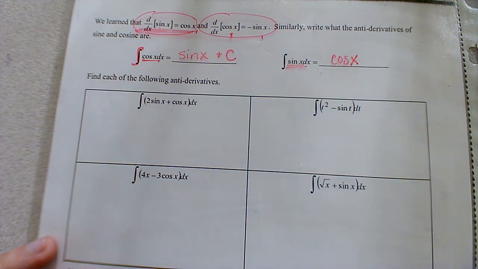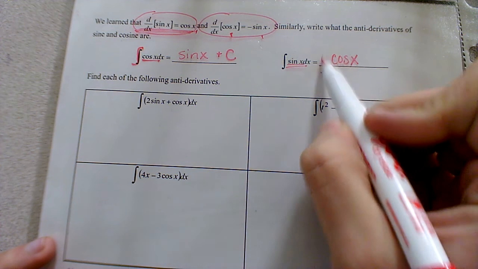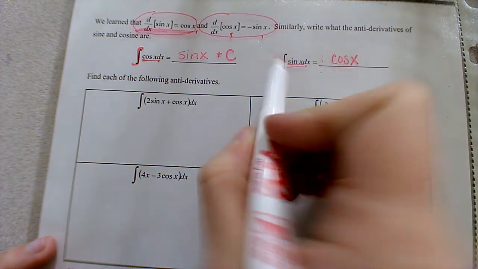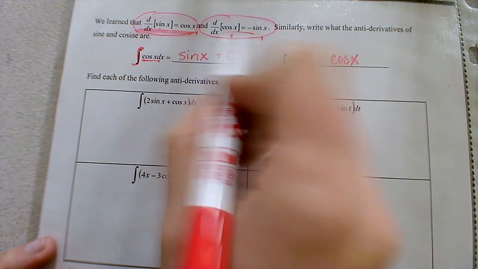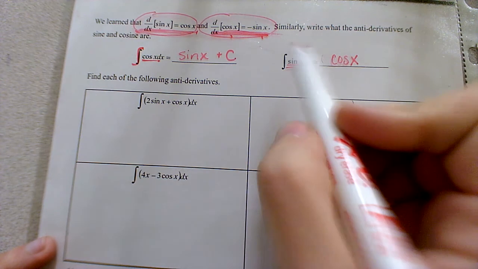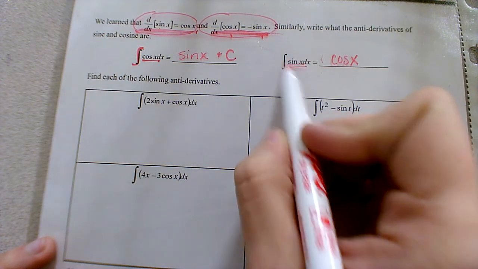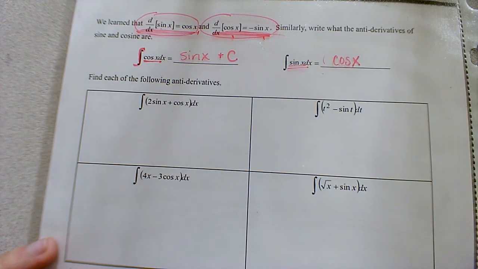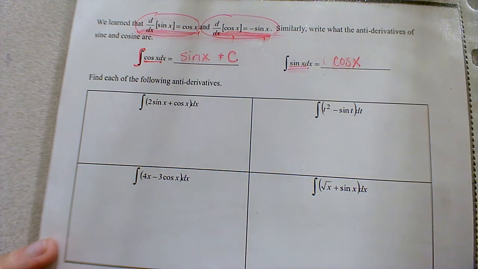But remember, we can always check our work. If you were to take the derivative of cosine, we know that should be negative sine, but that does not match sine of x as the function within the integral itself. So there has to be some other piece that we're missing in order to get this to be correct.